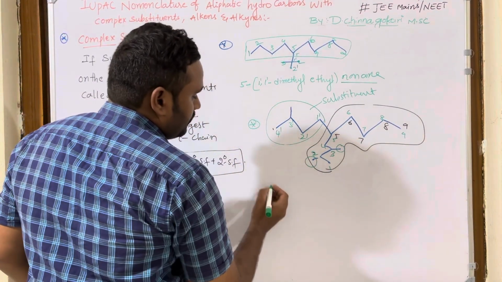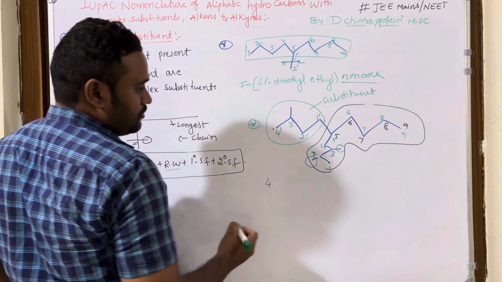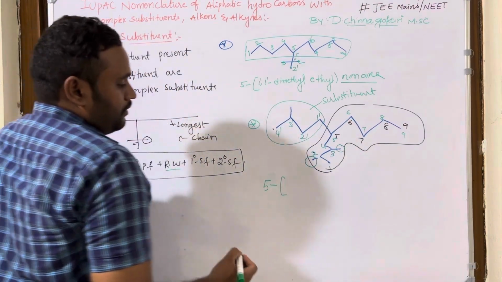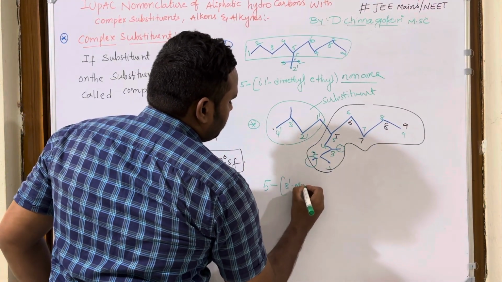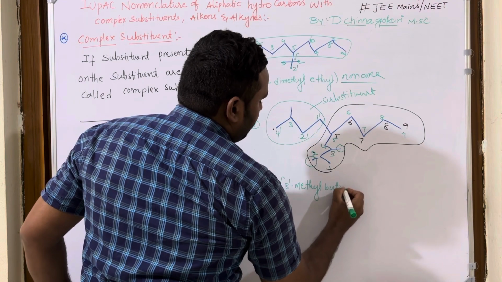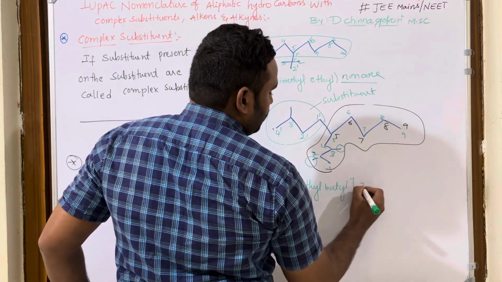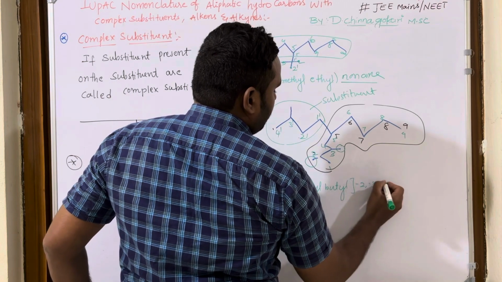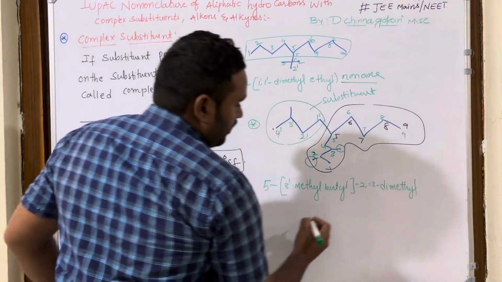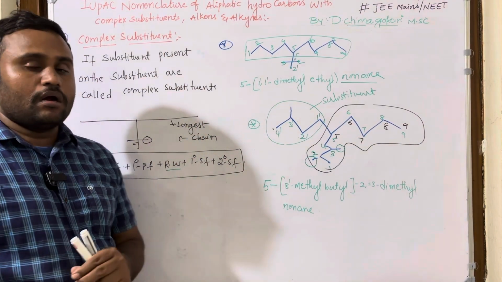First, where this complex substituent is present, that is the fifth position: 5-(3'-methylbutyl), and 2,3-dimethyl, 2,3-dimethylnonane. So this is the name of this compound with the complex substituent.